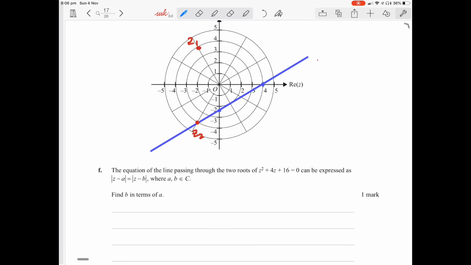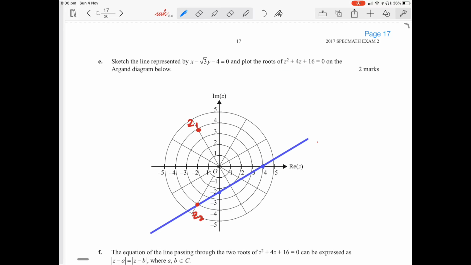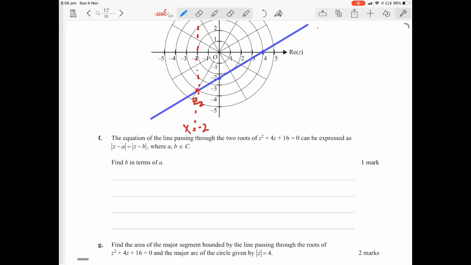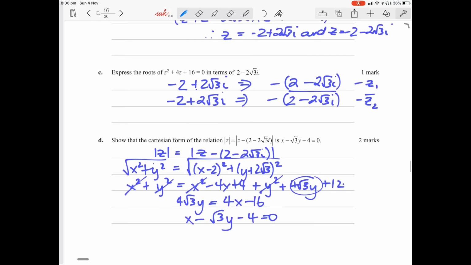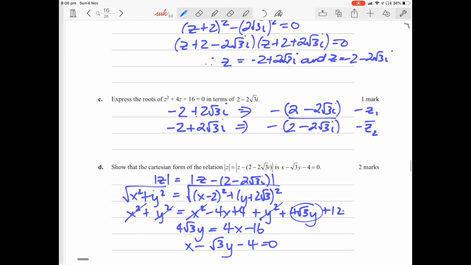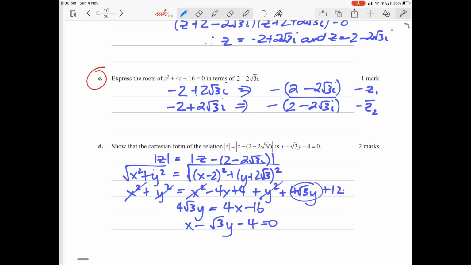Okay, the equation of the line passing through the two roots can be expressed as Z minus A, Z minus B. So the equation of the line passing through that, x is negative 2. See, we did this really randomly, and I think that's got something to do with it.